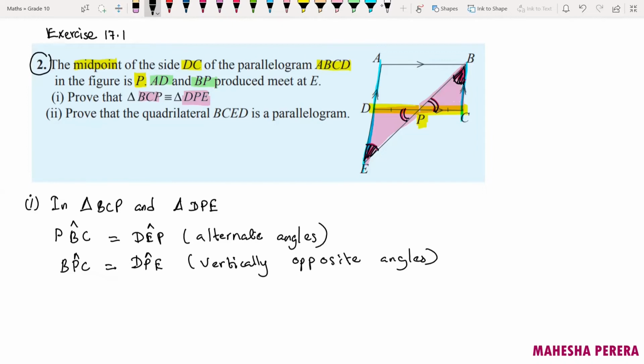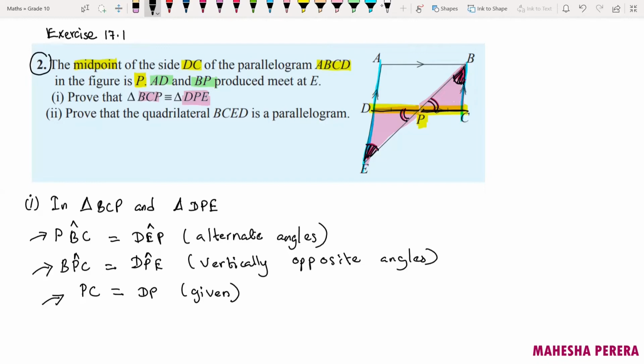And then the given data, you can say PC equals this side, DP, right? DP, and it's given, right? Now, what's the case? This is a pair of angles, another pair of angles, and a pair of sides.